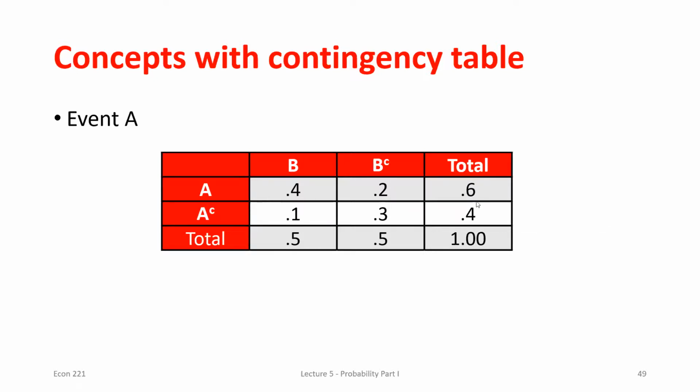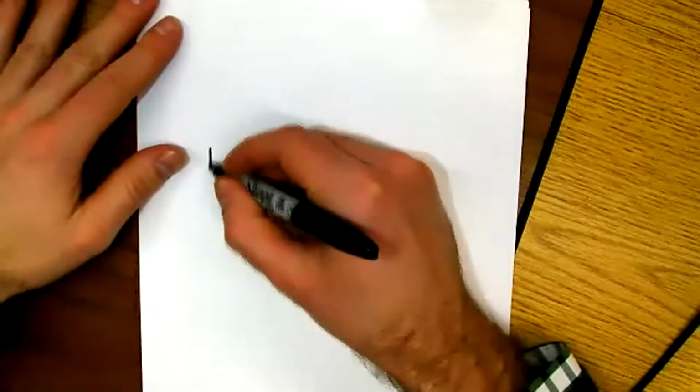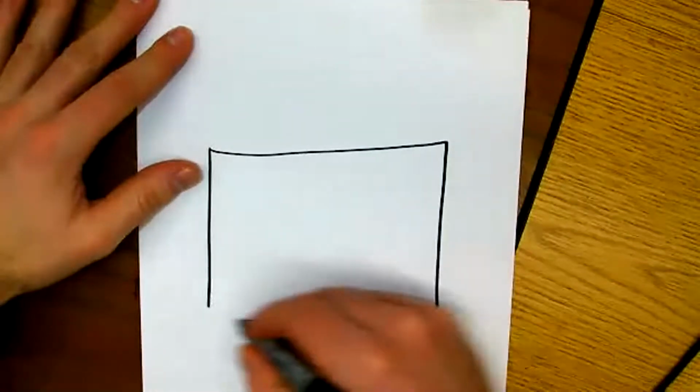Now, one thing we'll notice here is if I look at the probability of A and the probability of A complement, those add up to 1, right? And the probability of B and B complement, those also add up to 1. So why is that the case? Well, we'll switch over again here. I'll draw it out real quick. If we think about any example we have, it doesn't matter what the outcomes are, I've got all these possible experimental outcomes, right?